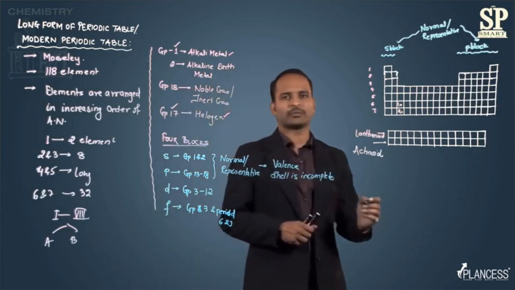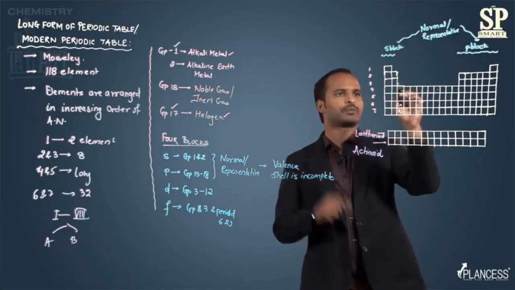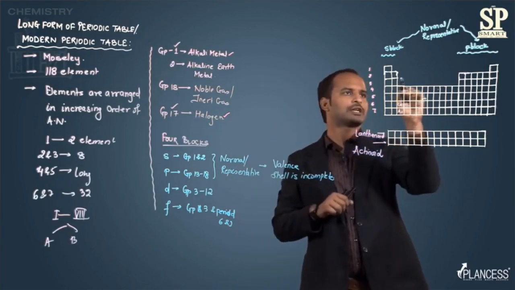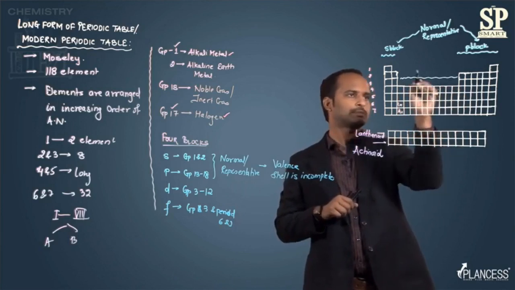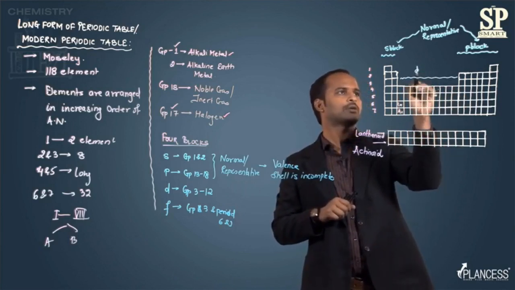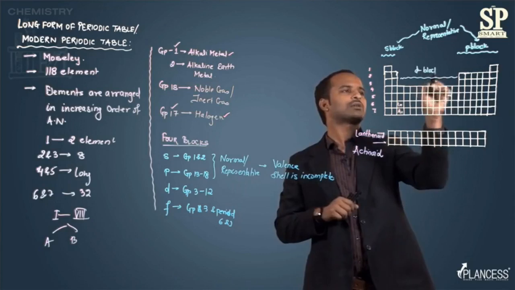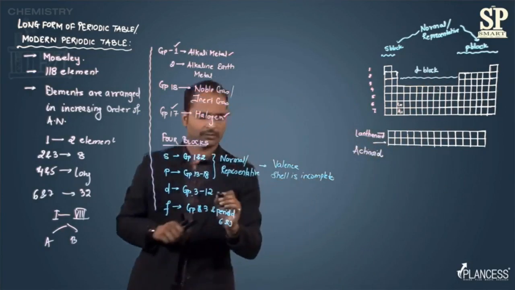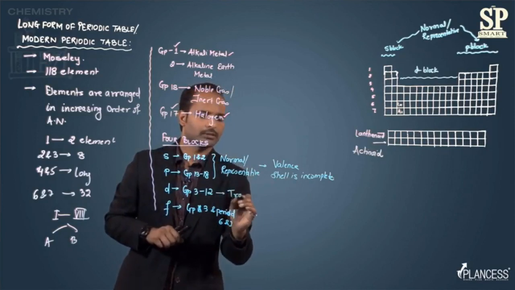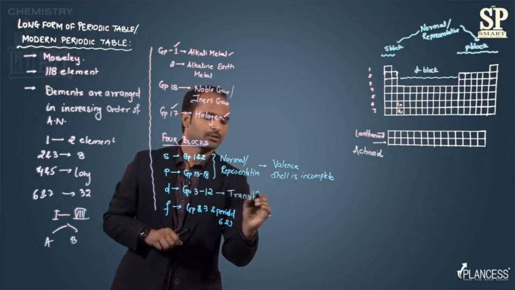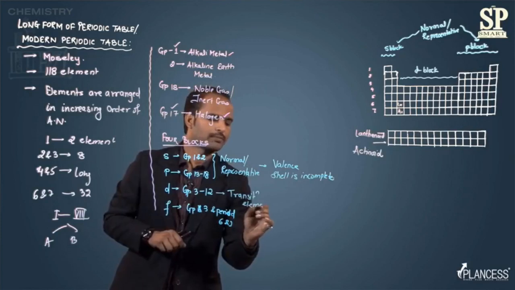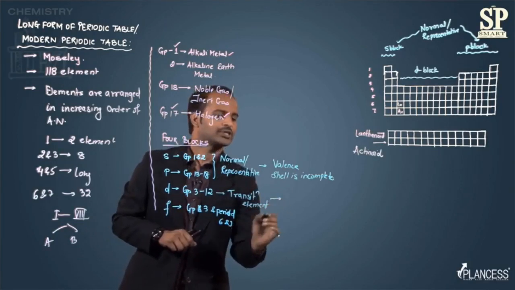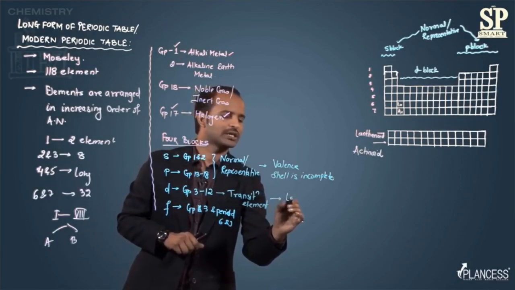While in case of D block elements, which are from group number 3 to group number 12, that is from here to here, this is D block. These D block elements also have a name, called transition elements. They are transition elements because their last two shells are incomplete.